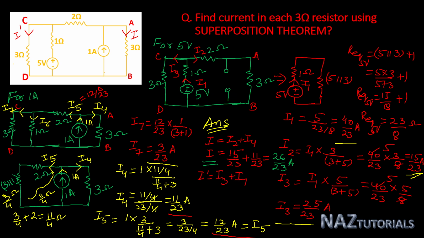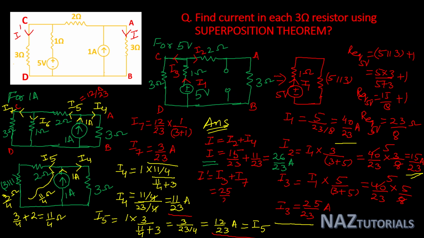I3 is 25 by 23 and I7 is 3 by 23. So put the values.